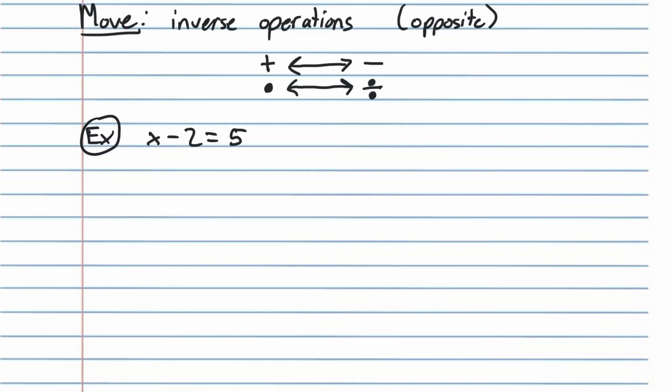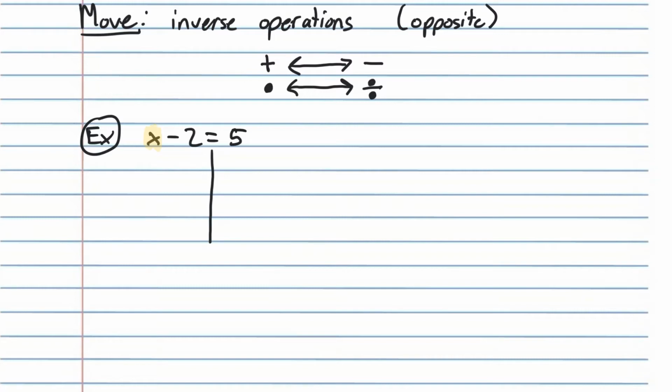My recommendation is because as we go on in the class, the equations get a little bit more challenging, I always start off by drawing that line where the equal sign is. That way you can clearly see, okay, what's on the left side versus what's on the right side. Okay? So the idea is we need to get the x term, the x variable by itself. Okay, so we want to get this alone, which means we need to get rid of everything else that's not attached to it, right? So we need to get rid of that negative 2.